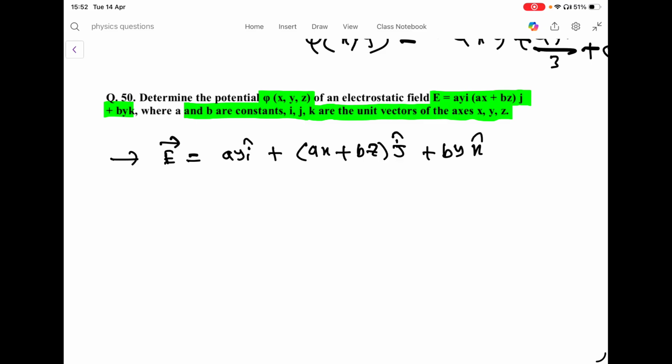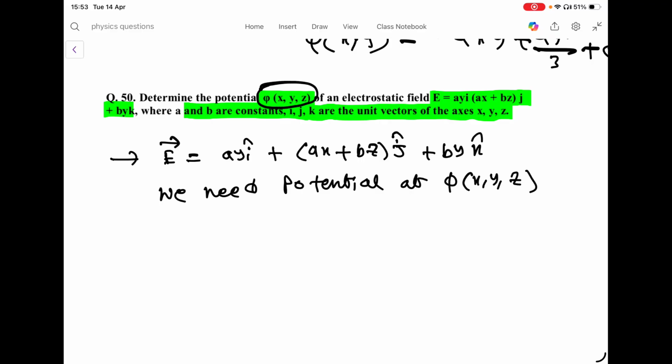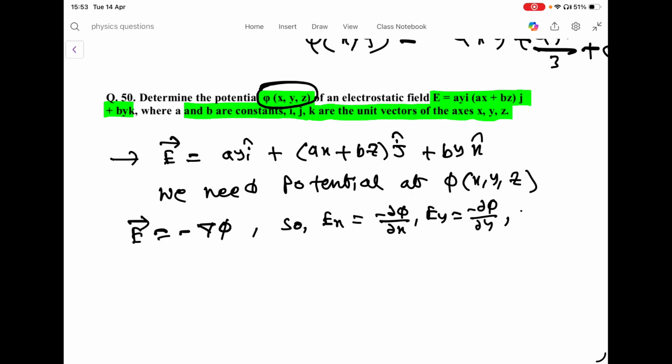So what do we need? We need the potential phi of x comma y comma z. We need this, right? So what was our E equal to? Minus del into phi. So Ex will become minus del phi by del x, Ey will become minus del phi by del y, and Ez will become minus del phi by del z.